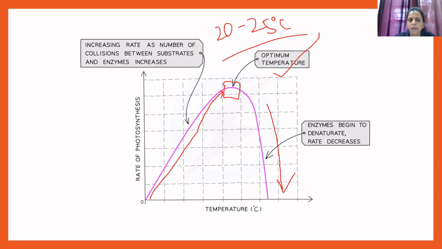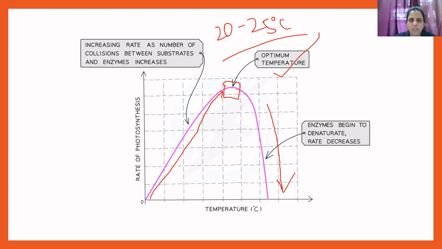This is because with increase in temperature, the kinetic energy of enzyme and substrate molecules increases, and hence the frequency of collision between enzyme and substrate molecules will increase. And enzymes work best at optimum temperature. In case of plants, the optimum temperature for enzymes is 20 to 25 degrees Celsius.